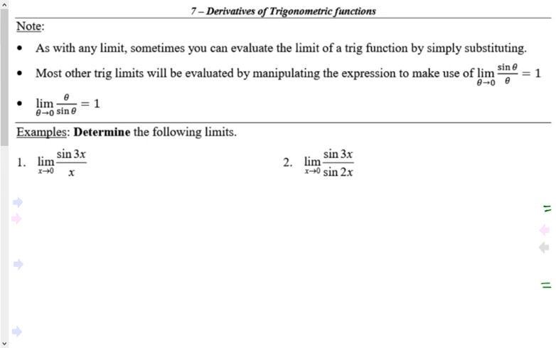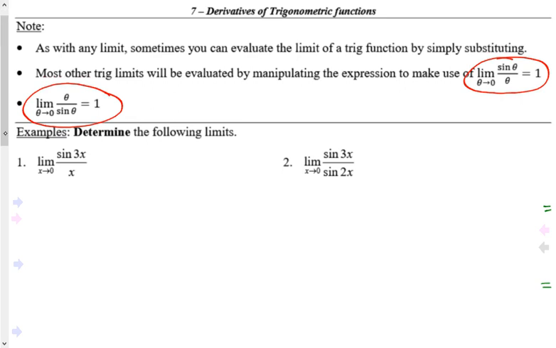But other times, we may need to manipulate it until we can get a sine theta over theta and make use of that limit that we've just proven using the squeeze theorem. And what we just discovered and wrote on the previous page, that the limit as theta approaches 0 of theta over sine theta is 1. I guess this is the one that we actually proved, but the reciprocal of 1 is still 1. So it doesn't matter if the theta is on top or if the sine theta is on top.